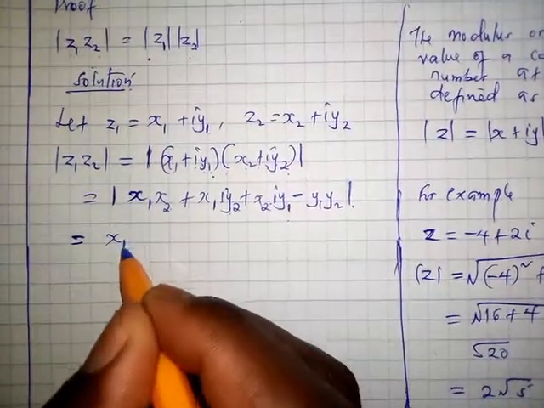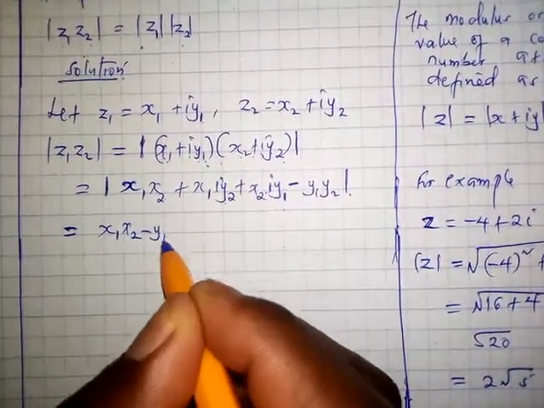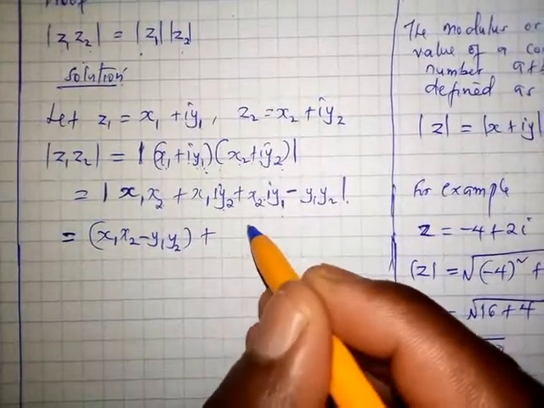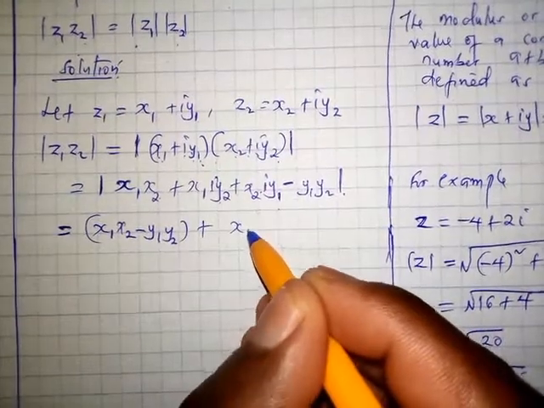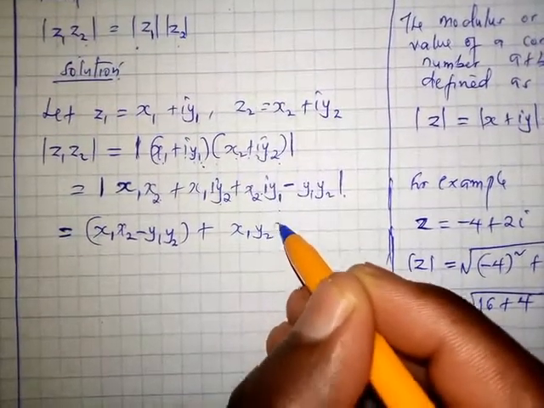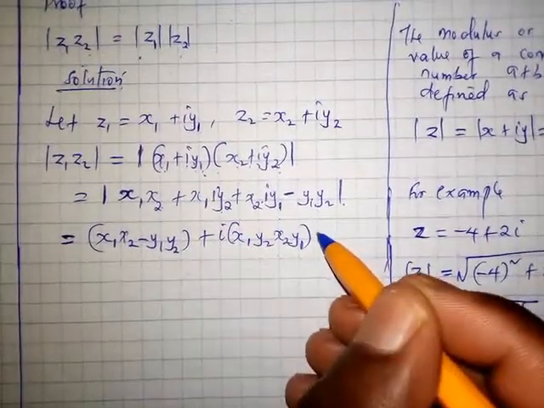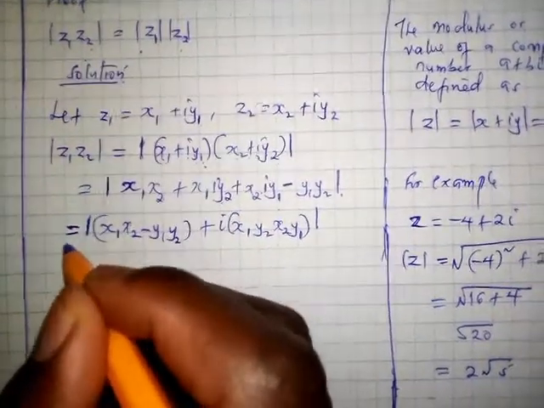So it will be x1 x2 minus y1 y2 plus x1 y2 plus x2 y1, with an i, the modulus of the whole of this.